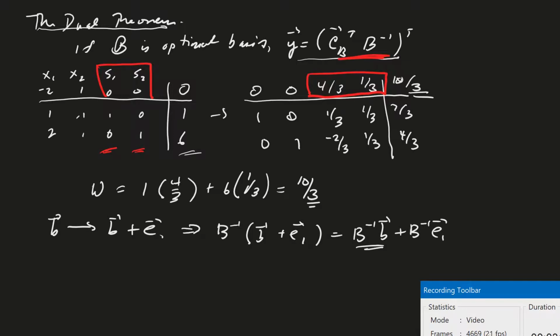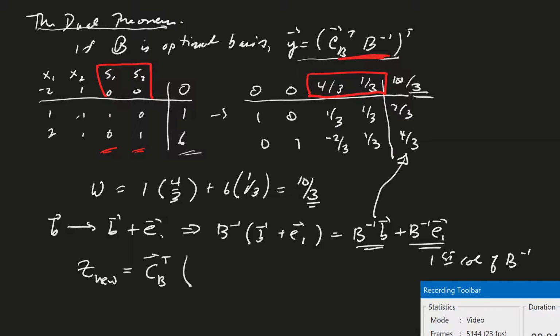This is your old, or the optimal tableau right hand side here, and this is just the first column of B inverse. Good. Now, what happens when we compute our new z value using this right hand side? Z new is going to be CB transpose, and instead of B inverse it's going to be B inverse b plus B inverse times the first column.